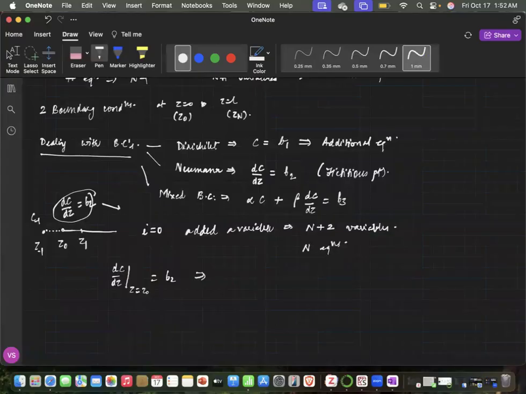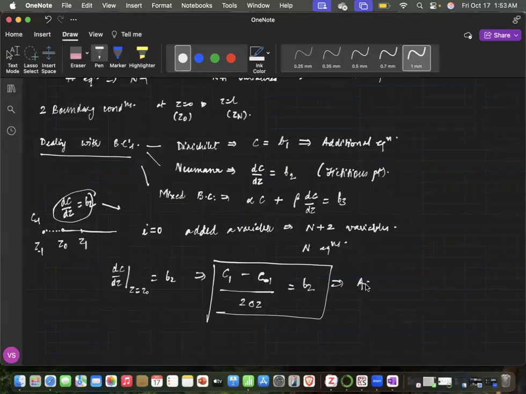So if you apply a finite difference over here, you will get c at 1, which is the next point, minus c at minus 1, which is the previous point, divided by 2 delta z is equal to a constant. So this acts as an additional equation.